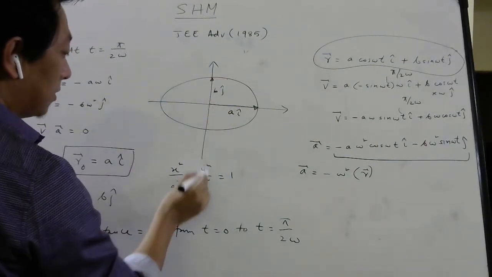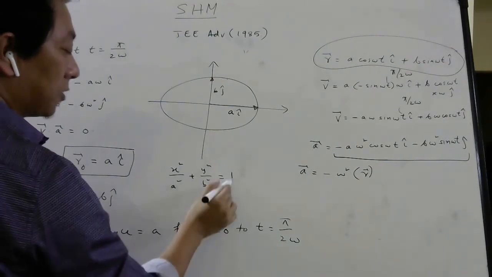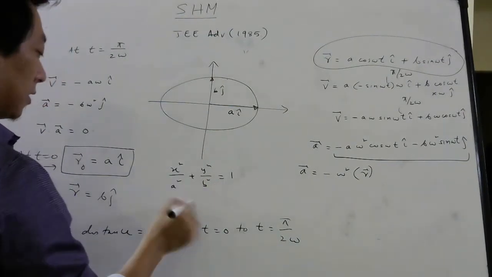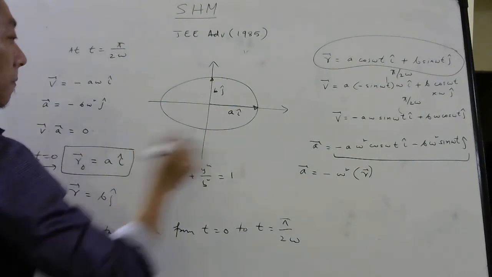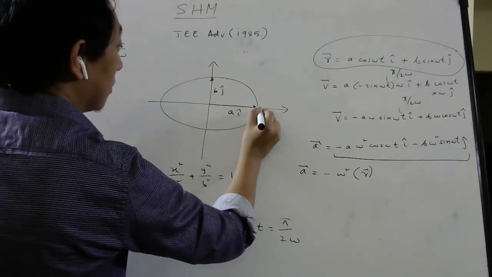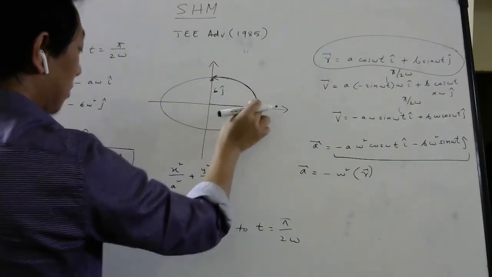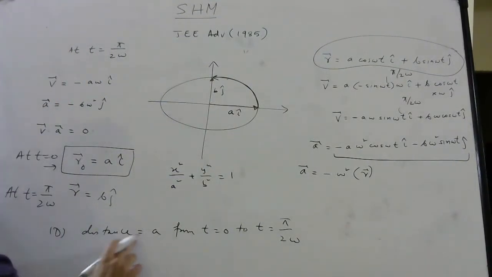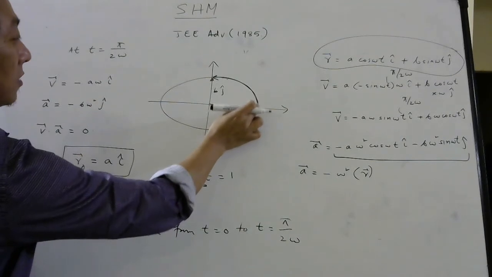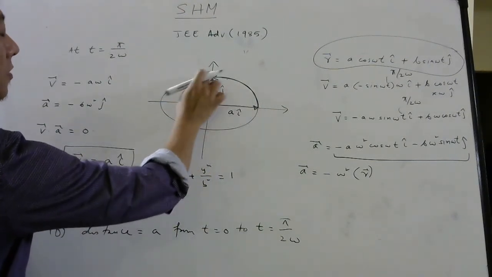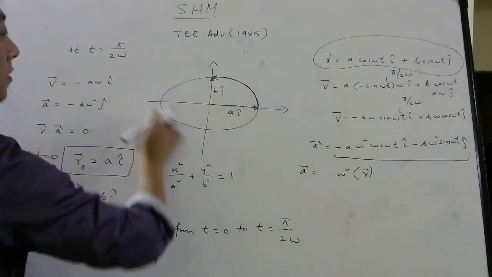Similarly, when y is 0, x squared will be a squared, so x will be plus a or minus a. So the particle goes from here to here. So this length is clearly not a. The distance cannot be a. How can this distance be a? This is 1/4 of the circumference.